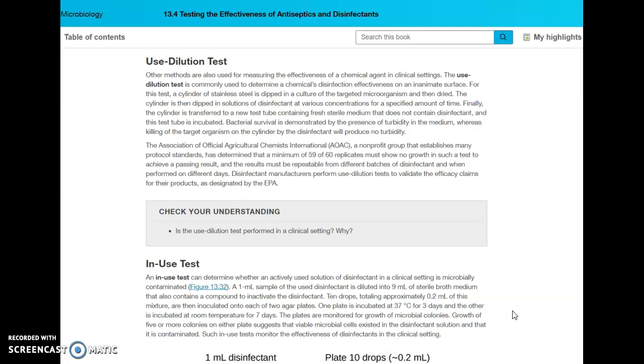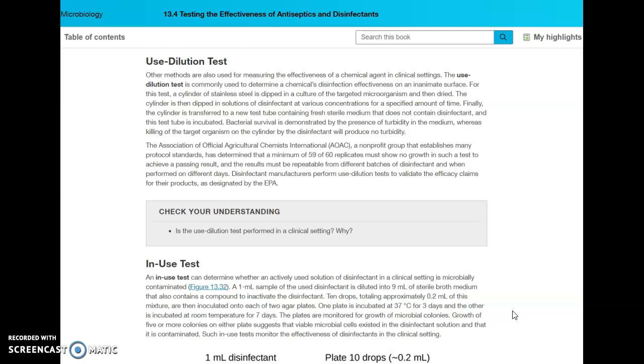The Association of Official Agricultural Chemists International has established these protocol standards, and you can read there, they determined that a minimum of 59 of 60 replicates must show no growth to achieve a passing result, and the results must be repeatable.